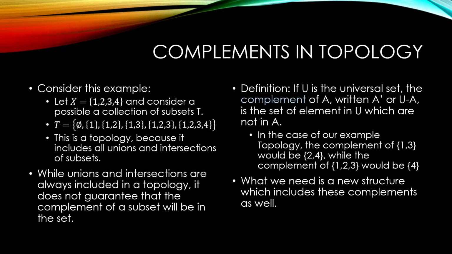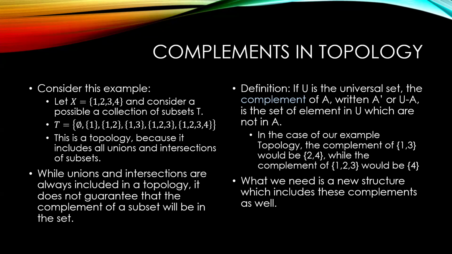To do this, we're going to have to talk about complements. Consider the example we just did. It's a topology because it includes all unions and intersections. While unions and intersections are always included in a topology, it does not guarantee that the complement of a subset will be in the set.